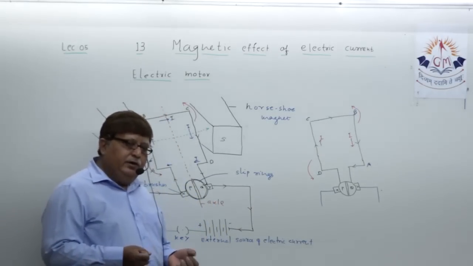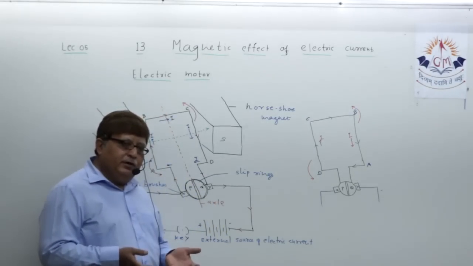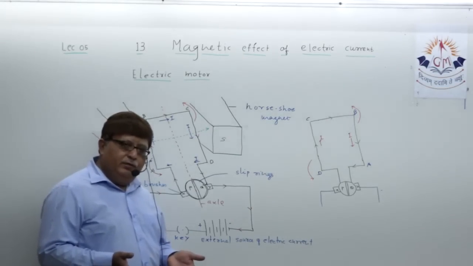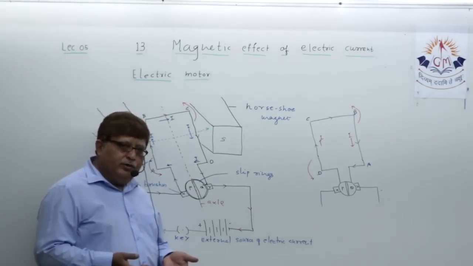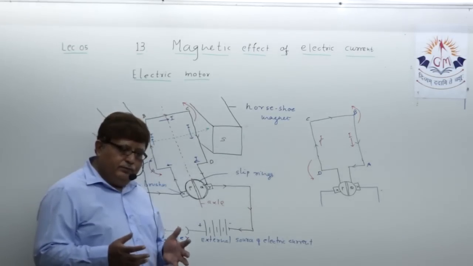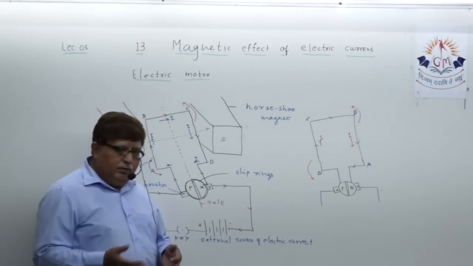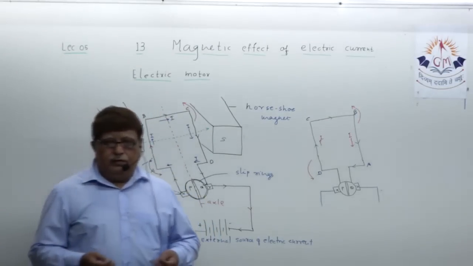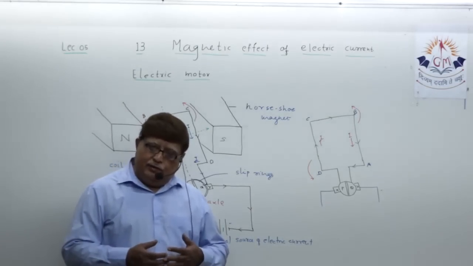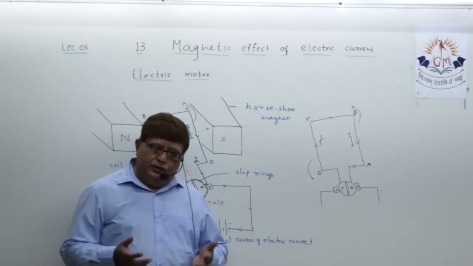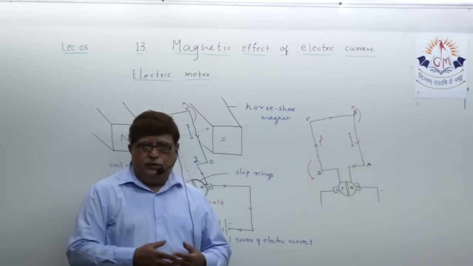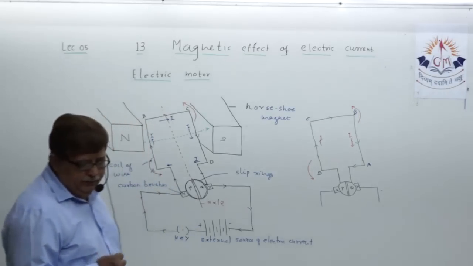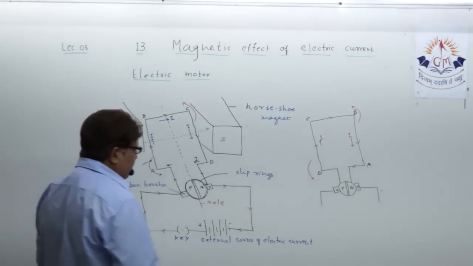Any device at your home, even the mixer, the juicer at your home, all have an inbuilt electric motor. Wherever you see rotational movement by utilization of electric current, an inbuilt electric motor is going to be existing there. Understood? So this is, dear student, the working and uses of an electric motor.